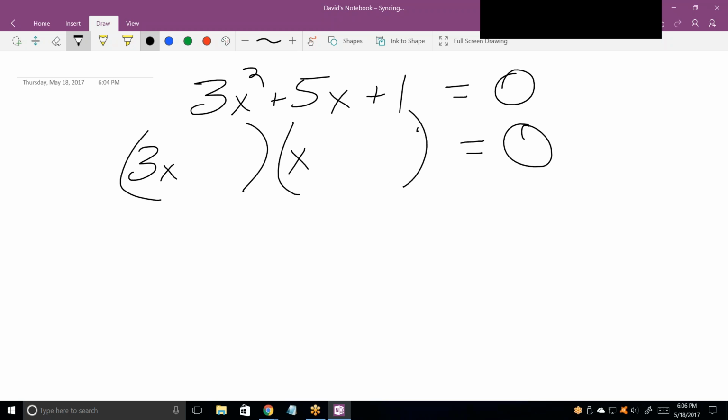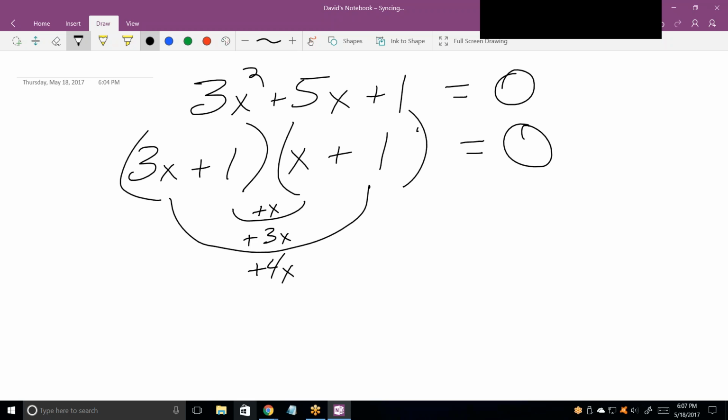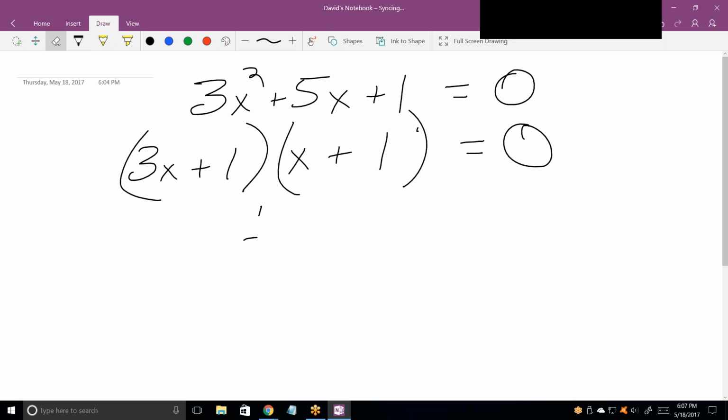Signs have to be plus plus, 1, 1. That does not produce 5x in the middle. That produces 4x in the middle. And since that's the only way to factor 3 and the only way to factor 1, that means that there's no solution by factoring. We got to use the quadratic formula.